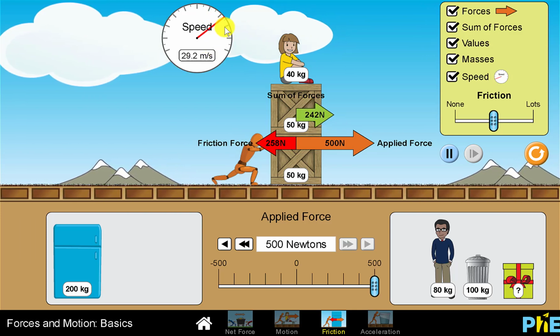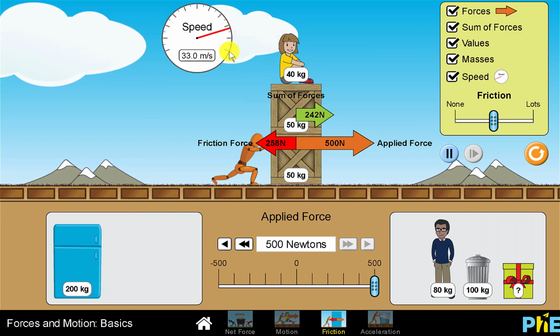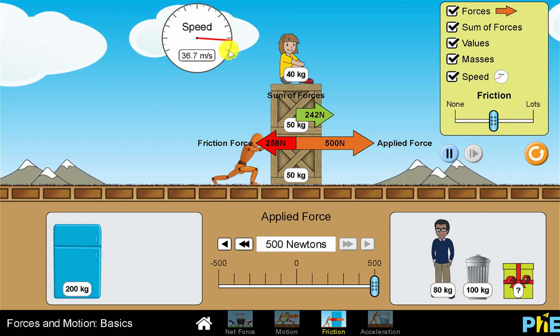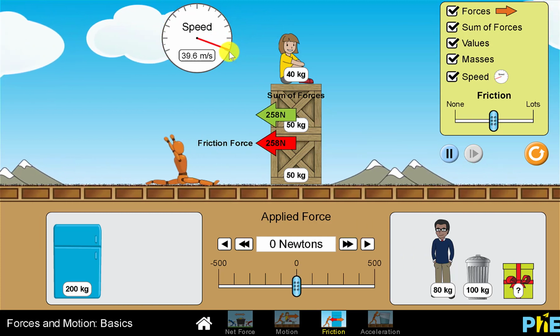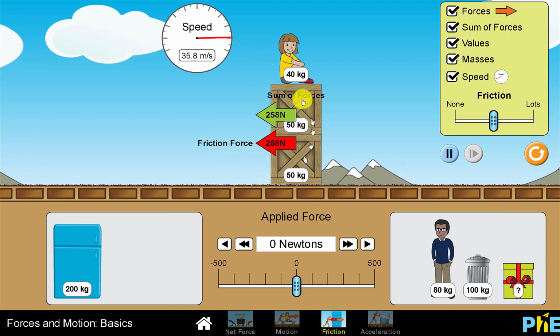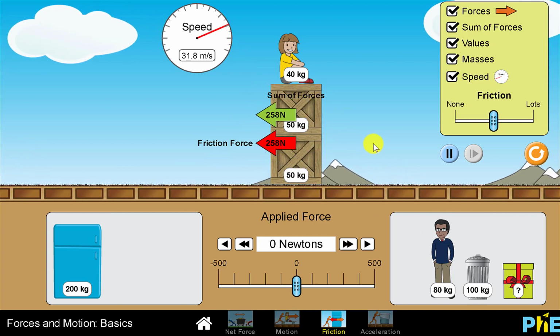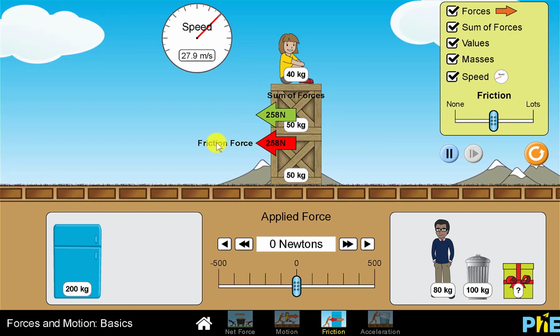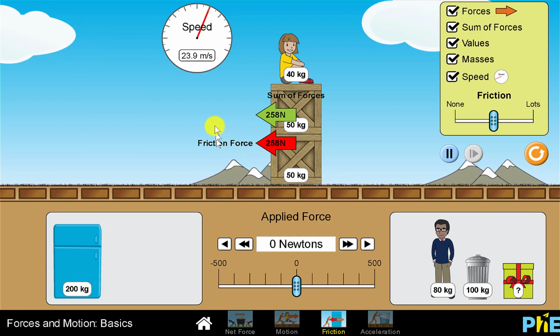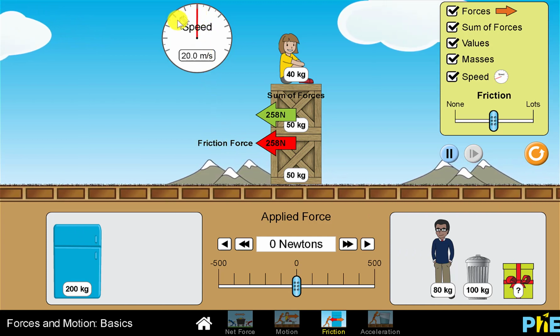See, I'm going faster and faster. Once I reach this speed, my guy stops pushing. Bam. Now there's no more push force, so there's only a frictional force, and that is slowing it down.